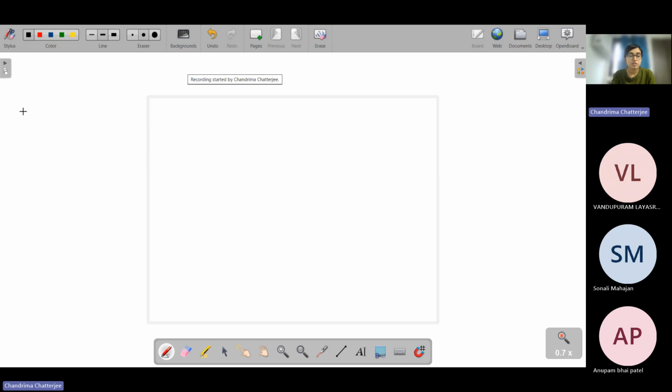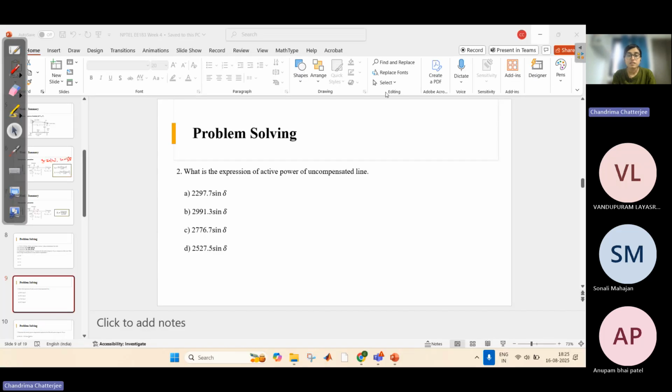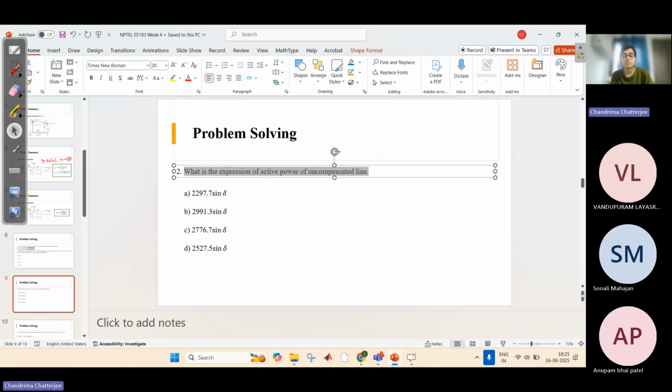This is question number 2. We need to find out the active power of the uncompensated line.